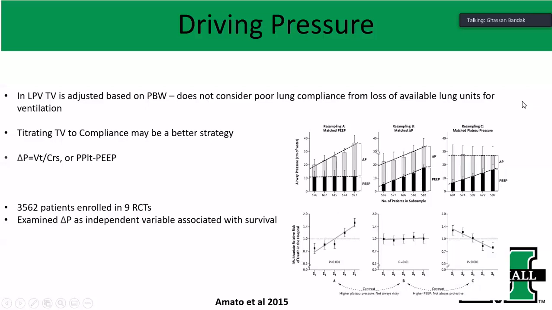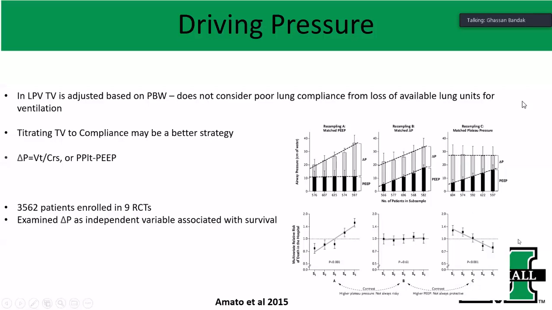Then they resampled the patients and matched driving pressure. They said, we're gonna put all these patients in the same group based on driving pressure, okay? And what they noticed is for the same driving pressure, mortality is the same. So if I group patients based on driving pressure, the mortality was the same.